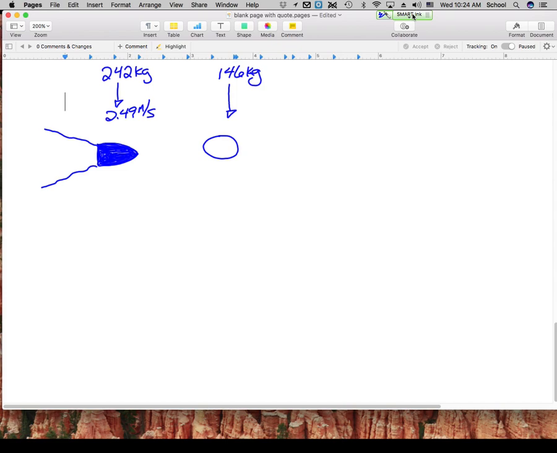Now, judging by the angle that this is traveling and where it's going to hit it, what's going to happen? Maybe it's elastic. This is going to go that way afterwards.